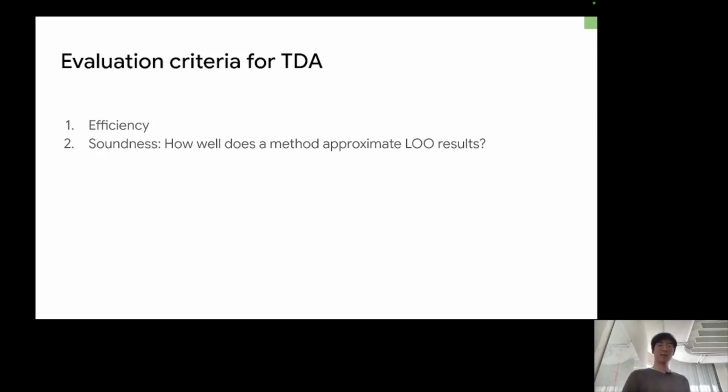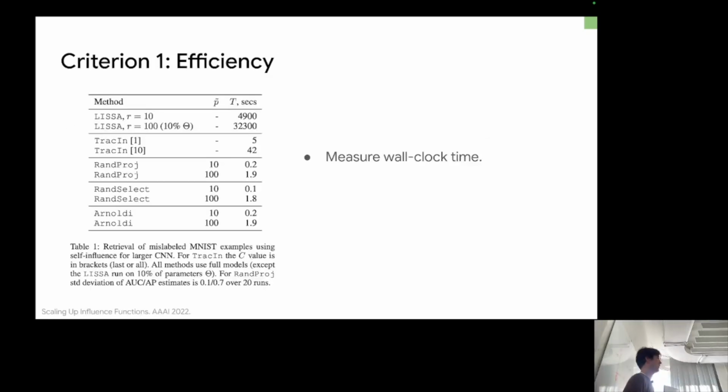So how do you measure efficiency? You just measure wall clock time, for example. You have these methods, and you just measure how many seconds these methods take for each train-test pair.